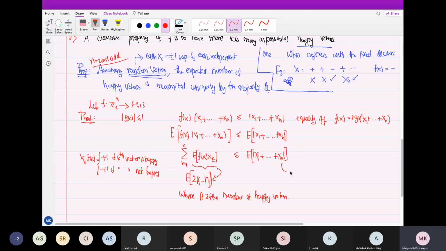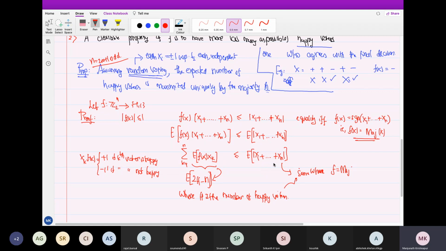This side is exactly the same when f is majority. Because if f(x) is always the majority of x, then this is exactly f(x) times (x1 plus up to xn).